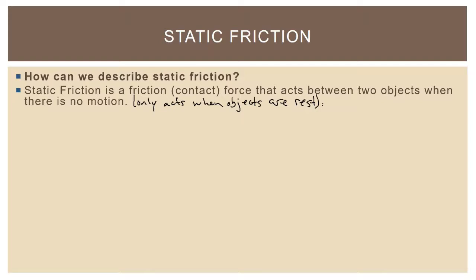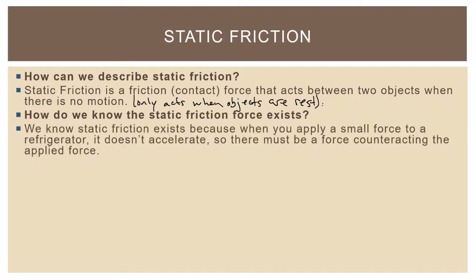Now, of course, we can ask the question, well, how do we actually know that static friction exists? Like, how do we know that if an object is just sitting there, that there is a friction force acting on it at all? Well, we can say something pretty simple here. We know the static friction force exists because when you apply a small force to a super heavy object like a refrigerator, it doesn't accelerate.